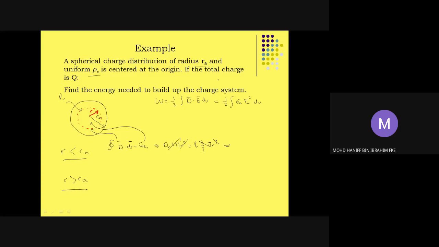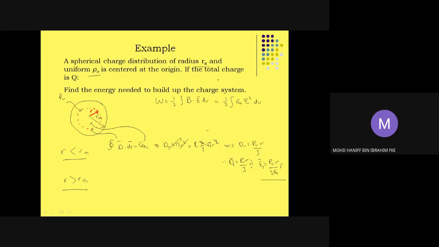So Dr equals rho v r divided by 3, and as such the D vector is rho v r divided by 3 in the direction of r. Or we can have the E field equals rho v r divided by 3 epsilon naught, direction of r, in volt per meter. That is our E vector, which we write as E1 to differentiate between the two regions. That is our first electric field, calculated for the region R less than RA.